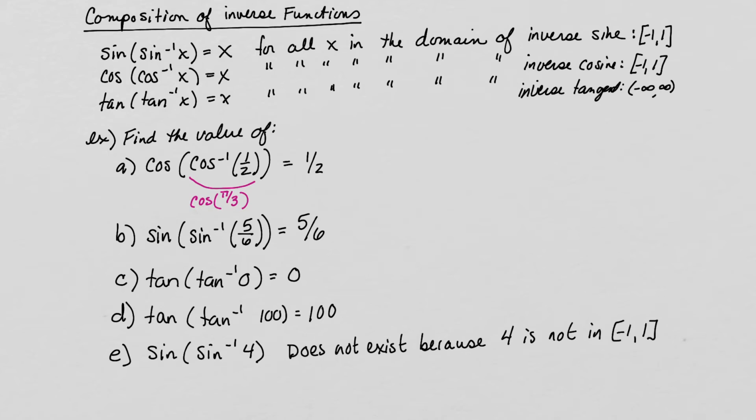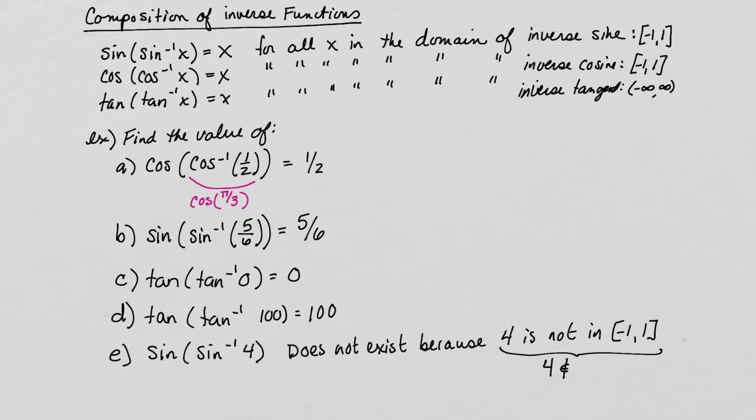negative 1 to 1. And there's a mathematical way to write that it's not in negative 1 to 1 without having to write out all those words, and we're going to use that. The way mathematically to write that would be to say 4, and then this little curly kind of E symbol, which means is a member of, or is in. And so we're saying it's not.